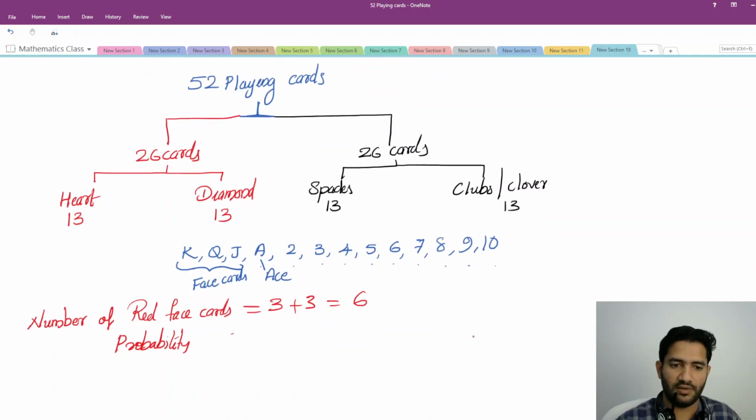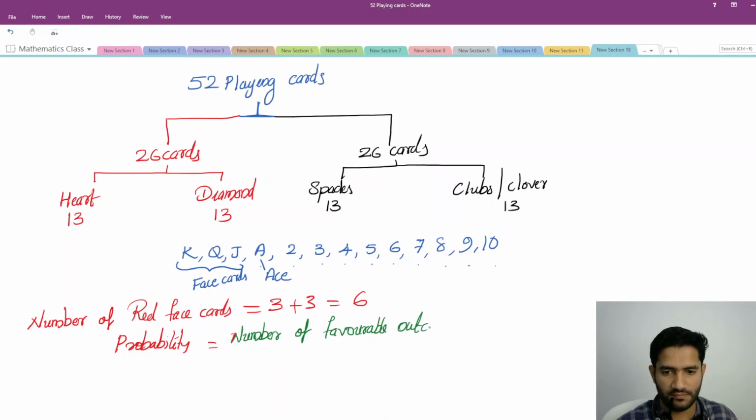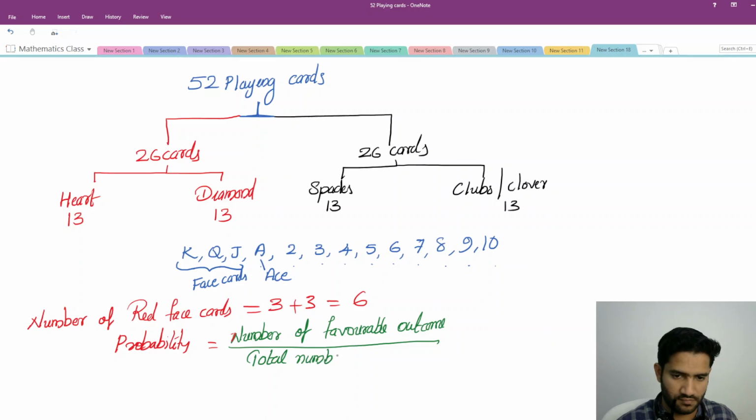But at a descriptive level, we would write that probability is equal to the number of favorable outcomes divided by the total number of outcomes.